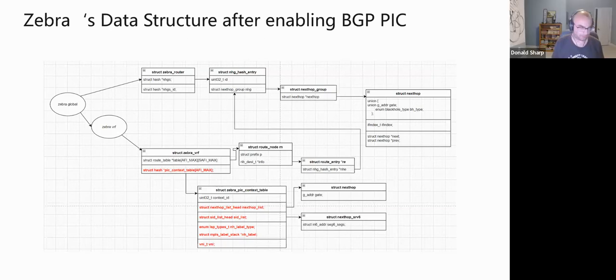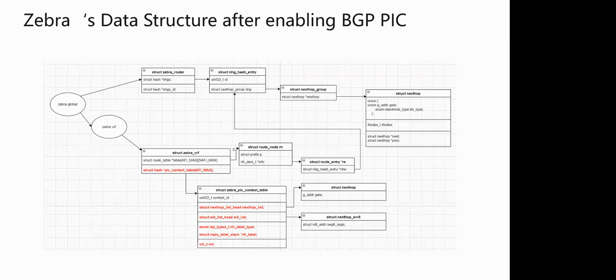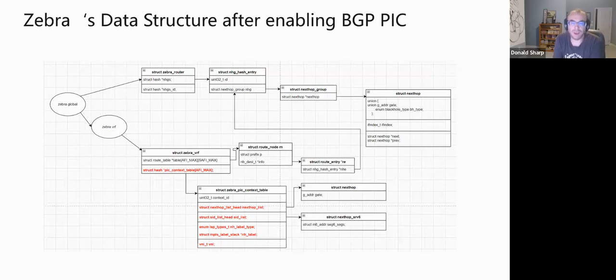Yeah, that doesn't change my statement. Looking at this, I can add labels to things that aren't BGP and add labels to routes independently already, right?